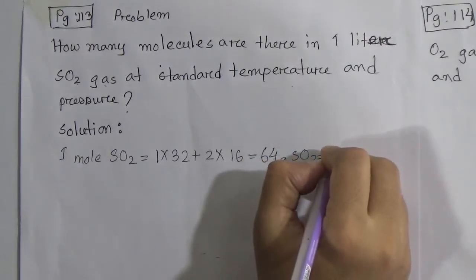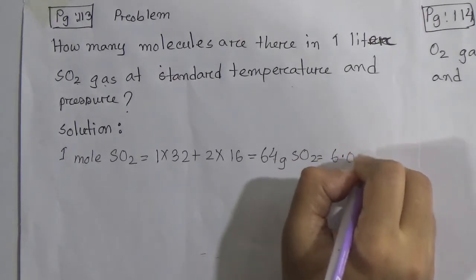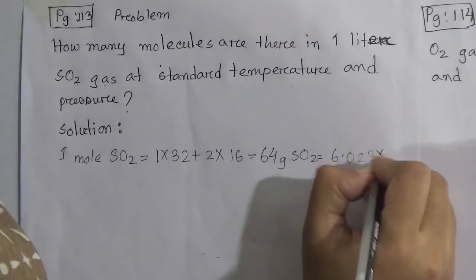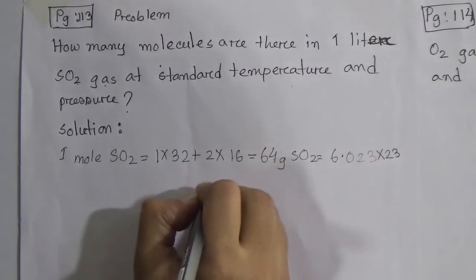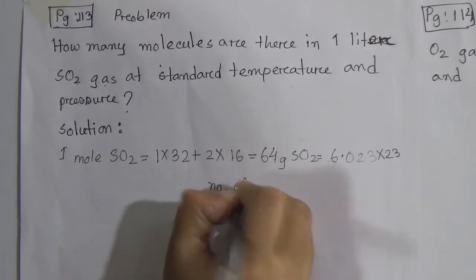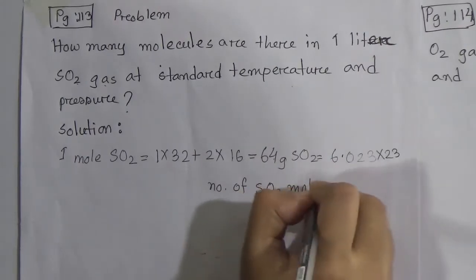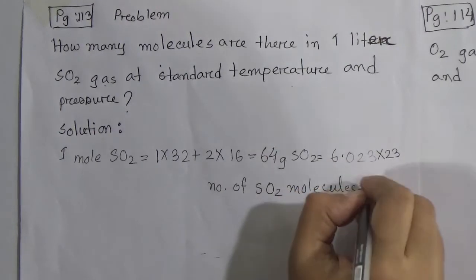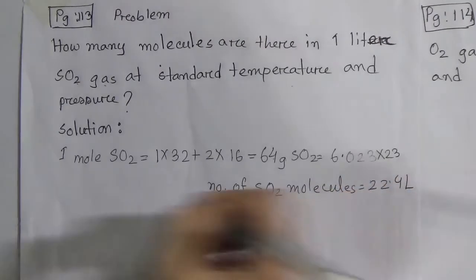Here we know in 1 mole there is 6.023 multiply 10 to the power 23 sulfur dioxide molecules, and the 1 mole molecule's volume is 22.4 liter.